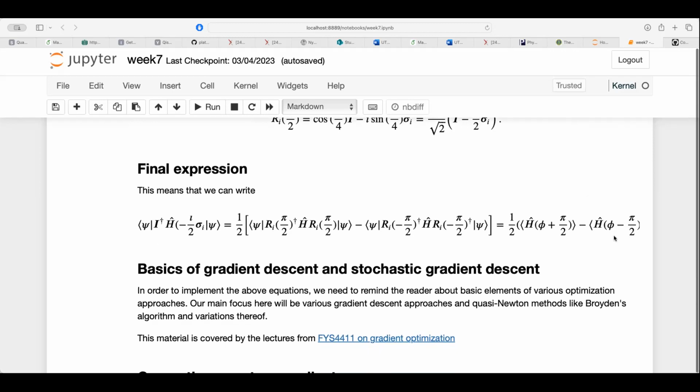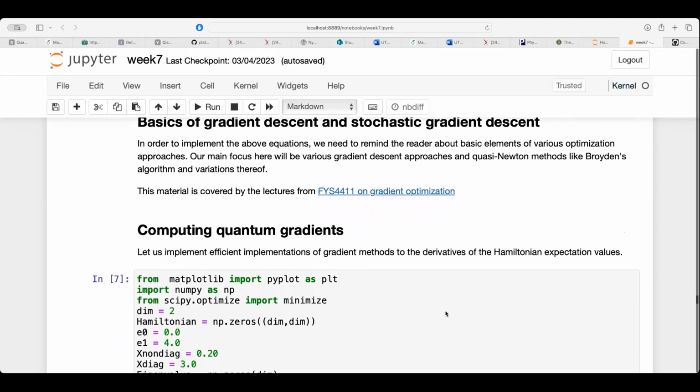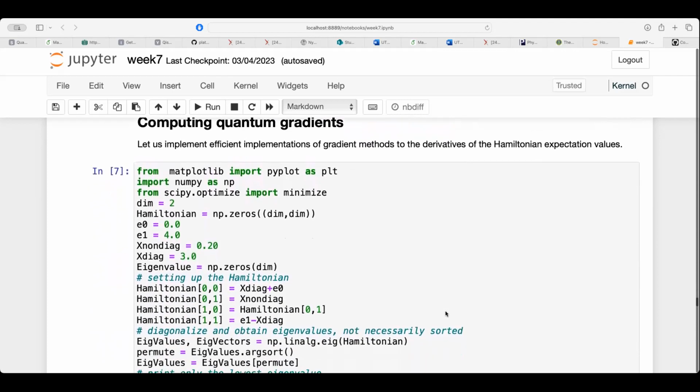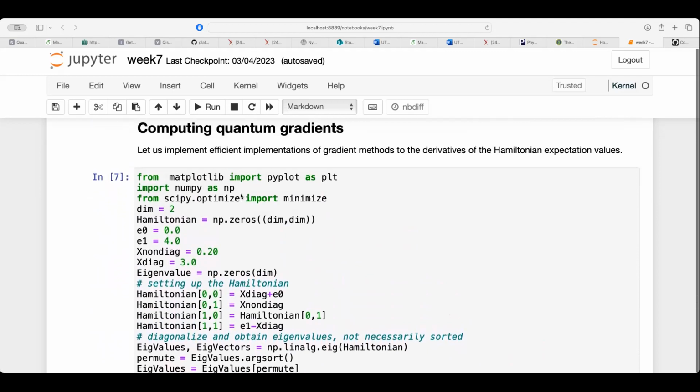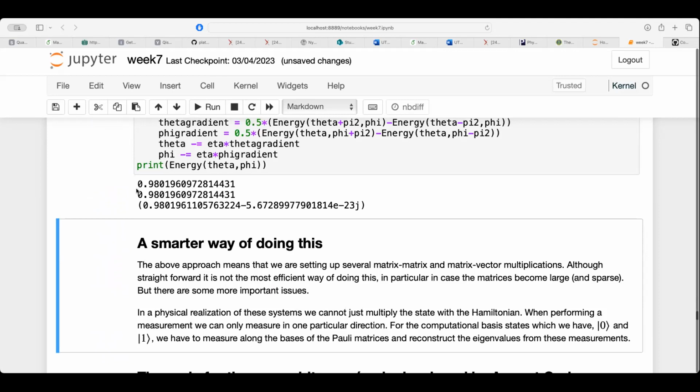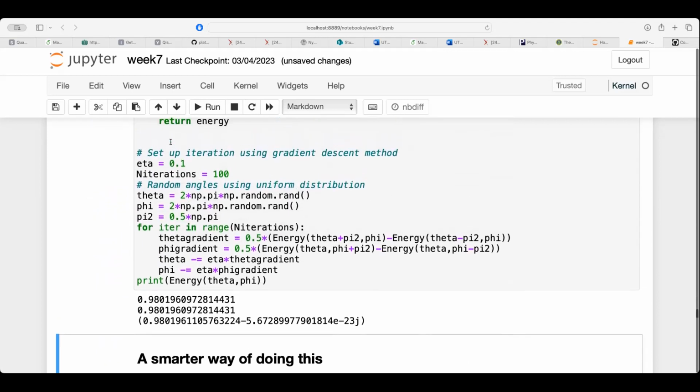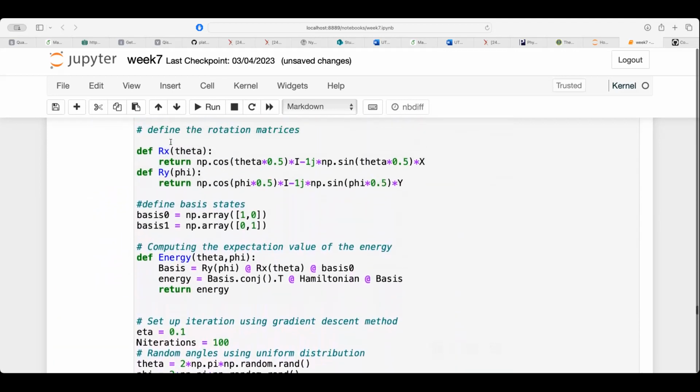This is not the most exciting thing we do, but this allows us to have an analytical expression for the gradients, which is very important. So we have several notes on basic gradient descent, but when we now are computing with these gradients, if you look at the code here, this is when I implement a plain gradient descent. So let's take a look at it.